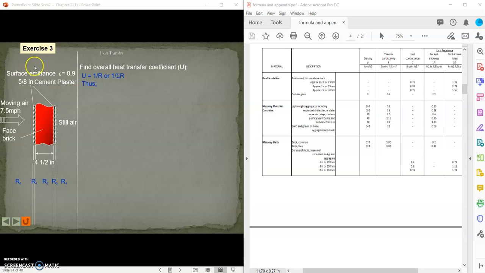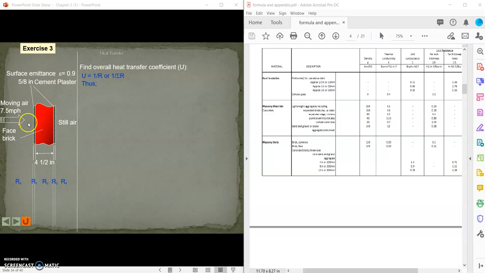And then we have one moving air going to the face brick with the velocity of 7.5 miles per hour. Next, this is the example of the wall from the side view.